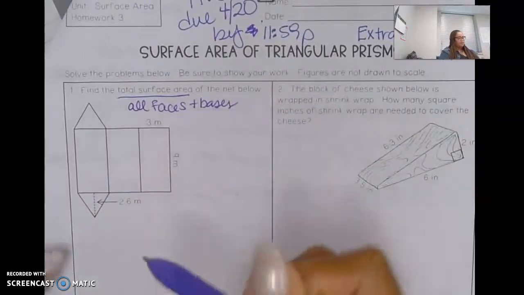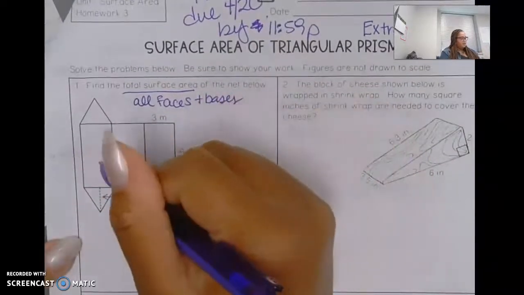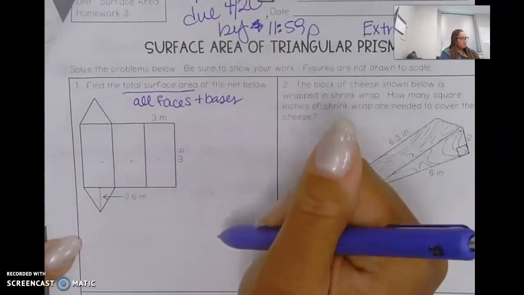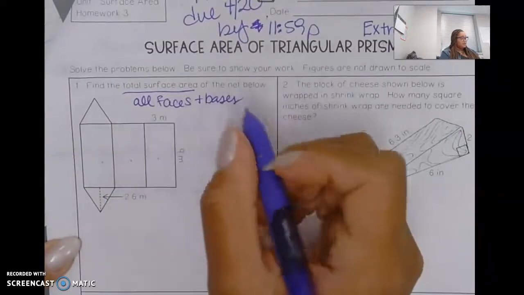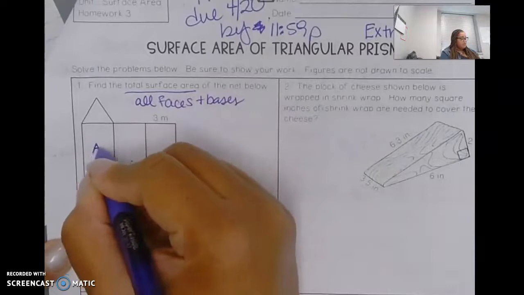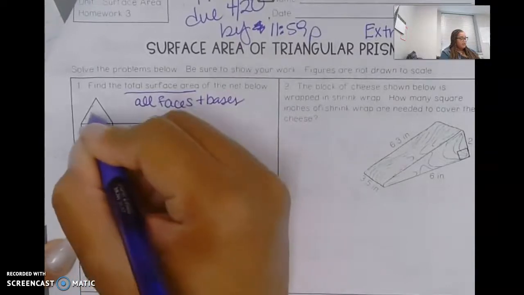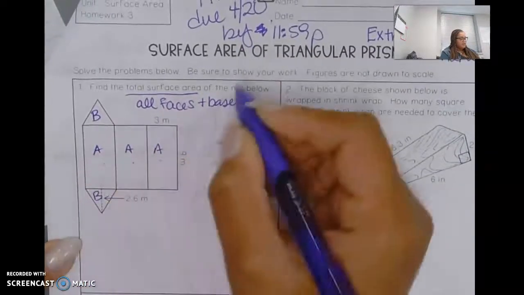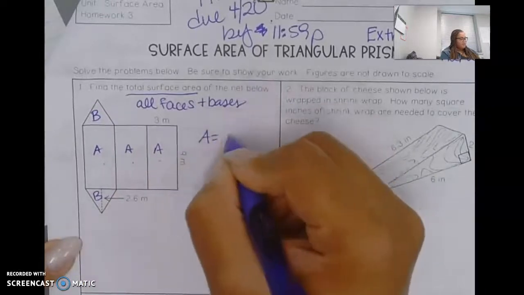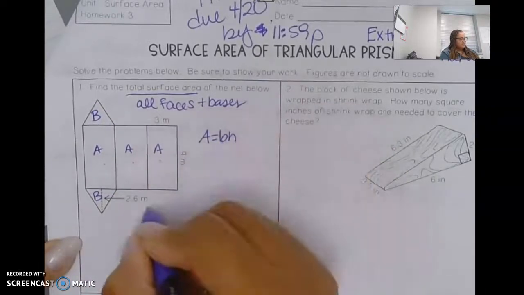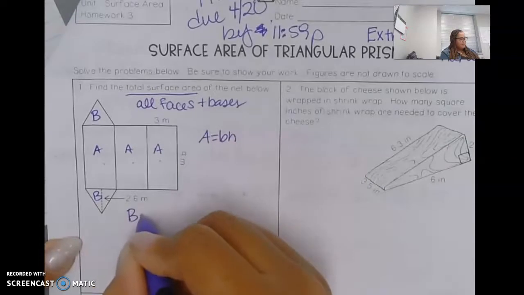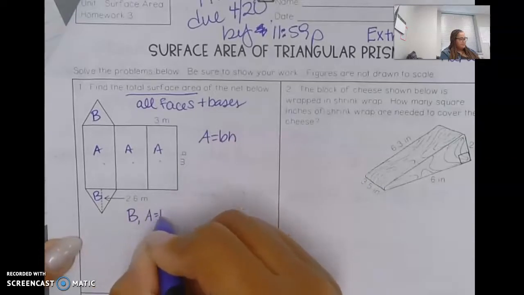Okay. Then I've got these triangles, these rectangles, which are all the same. So this is A, and this is B. Shape A is base times height. Shape B has an area, which is base times height.